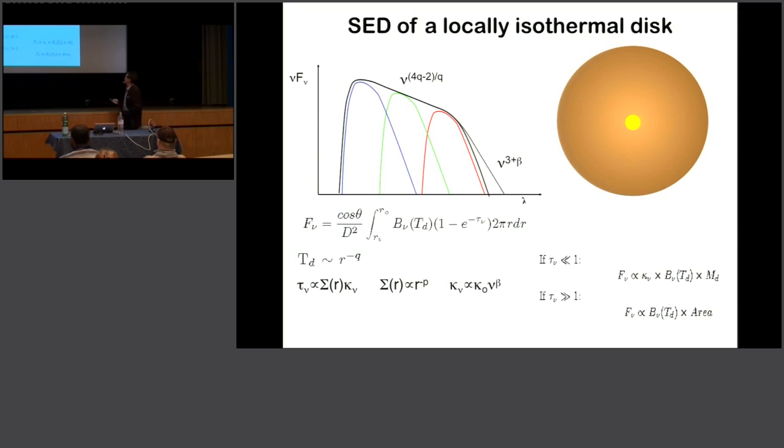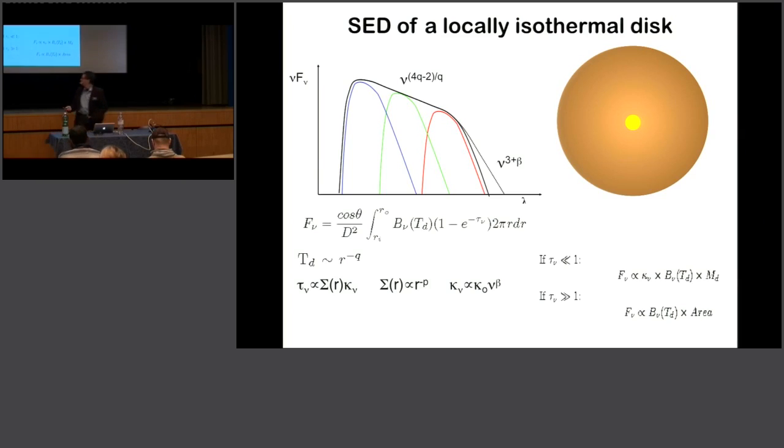If you are in the optically thick regime, so here in the near infrared, what you observe as a flux is essentially the usual optically thick emission: the area times the black body radiation at that temperature. When you are in the optically thin regime, in this area here, what you observe is essentially proportional to the dust opacity, the black body at the temperature in that region, and the amount of material in the region, because this dust opacity coefficient is per gram of dust.